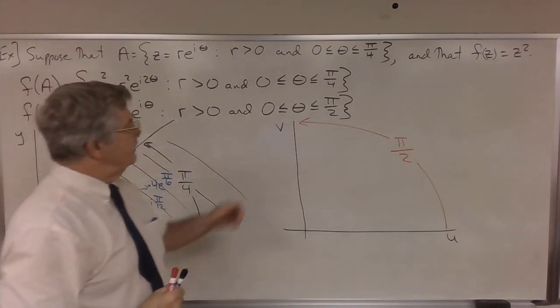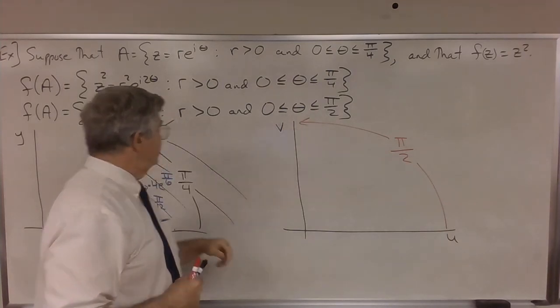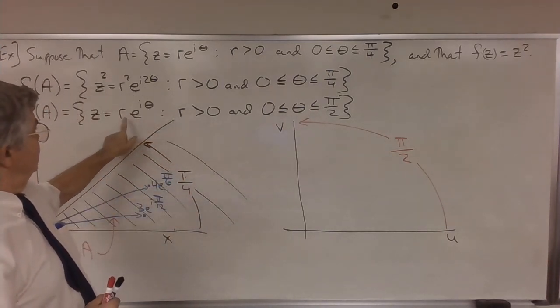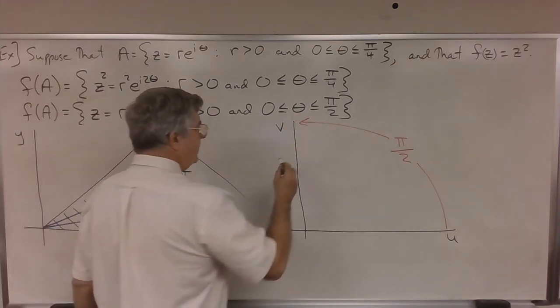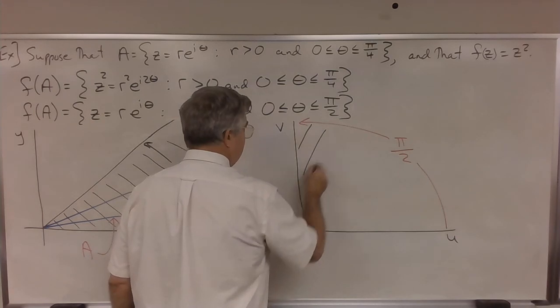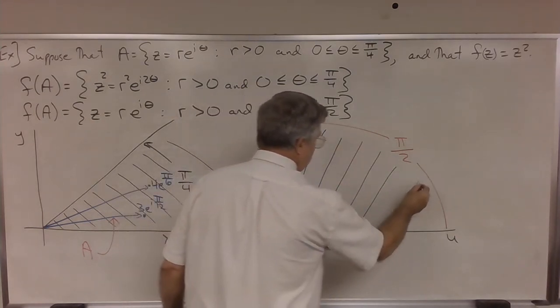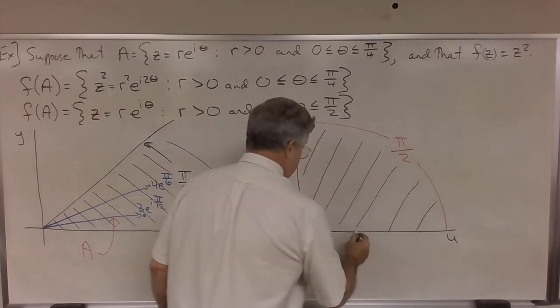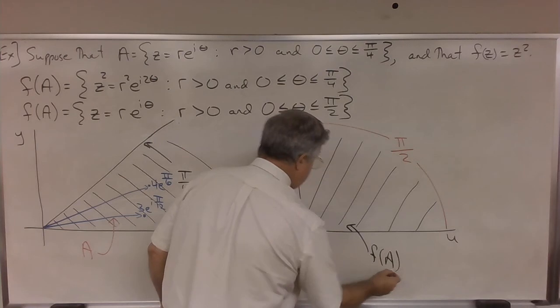So any complex number whose angle theta is between 0 and pi over 2 and whose modulus r is positive is in f of A. So this is the image f of A.